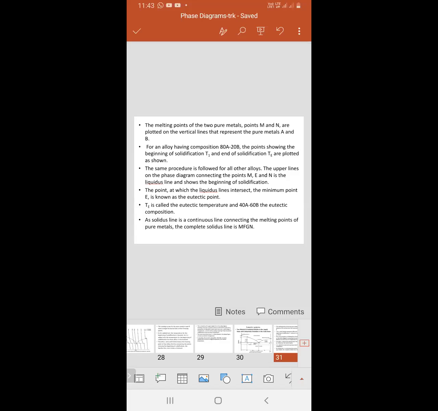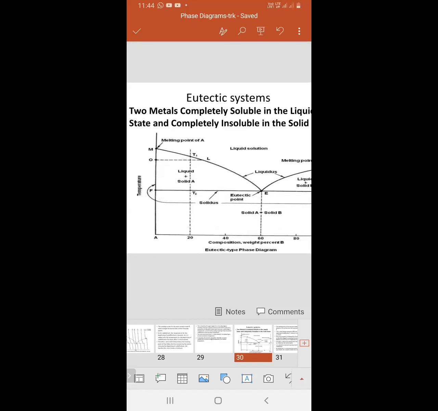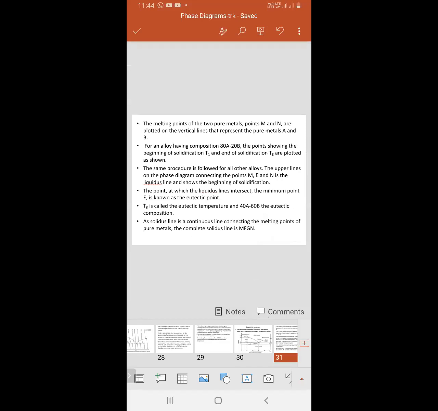At the end of the solidification, TE is plotted. Here we have drawn one line at 20-80. At T1 solidification begins, at TE solidification ends.